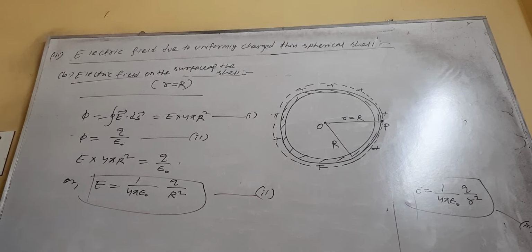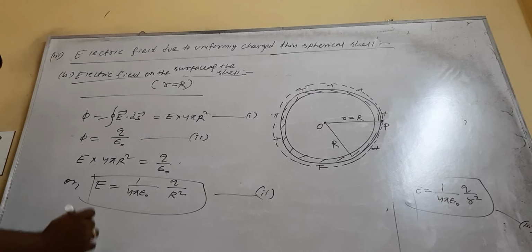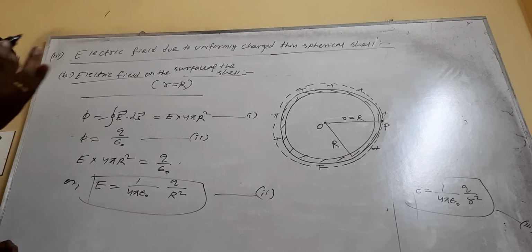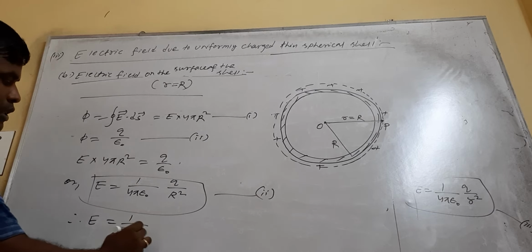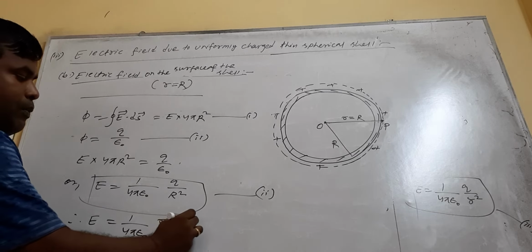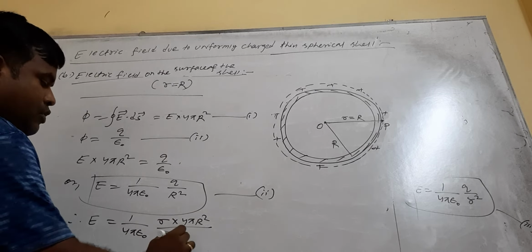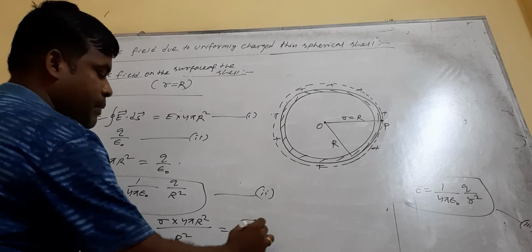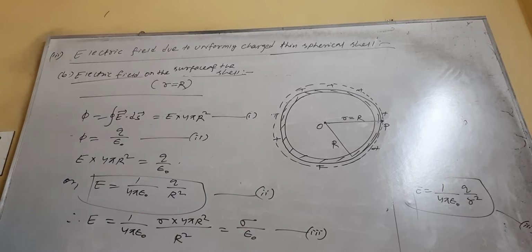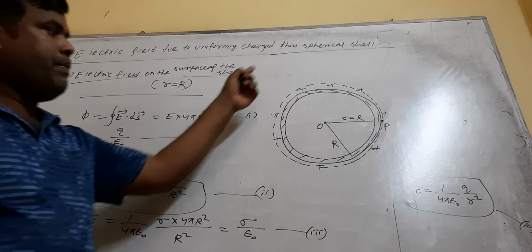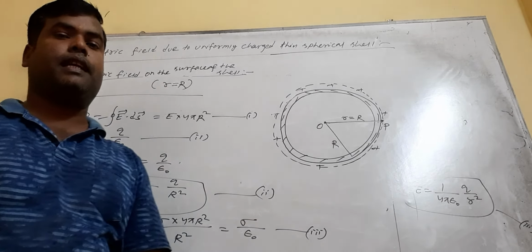If you put that formula in terms of surface density, it will be 1 by 4 pi epsilon 0, and q will be sigma into 4 pi r square by r square. It will be sigma by epsilon 0. So this is the electric field on the surface of the spherical shell.